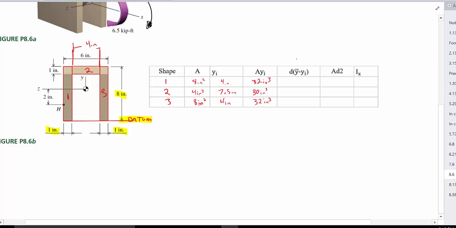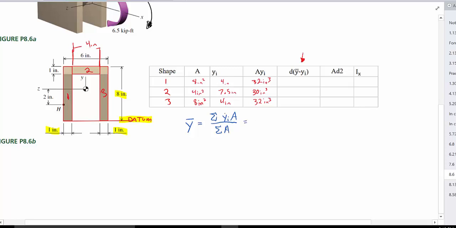So to be able to finish it and do this step here, finding our d value, right? What we're going to have to do next is find y bar. Y bar, if you remember, is going to be the sum of our y tildes, or our y sub i, multiplied by area, divided by the sum of the areas, okay?